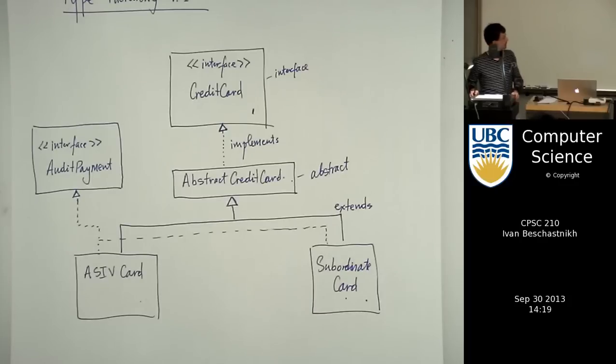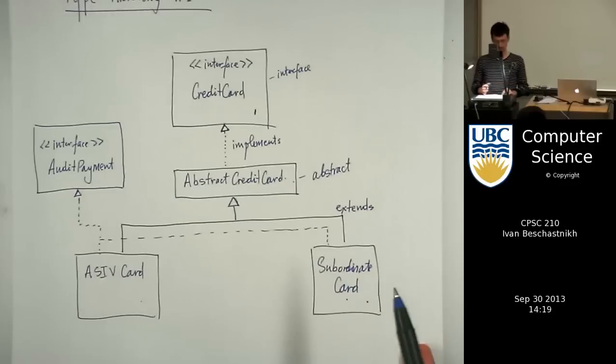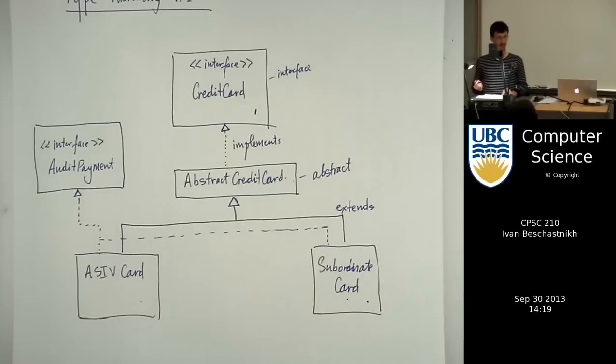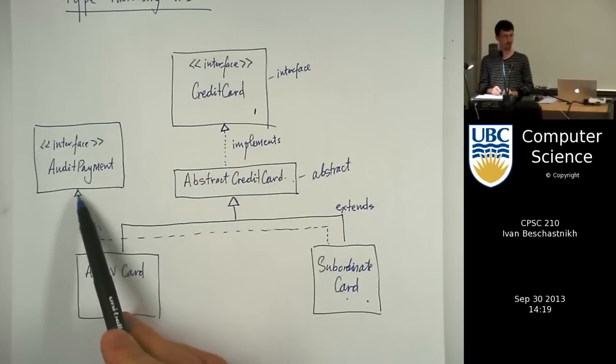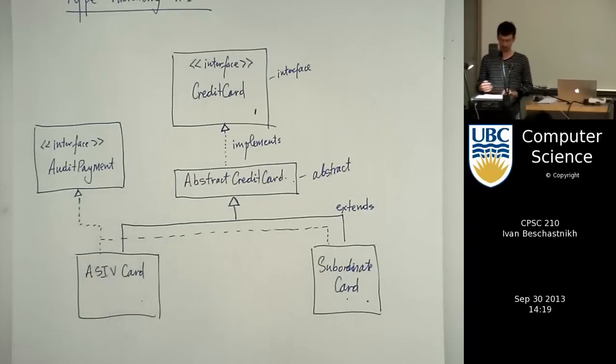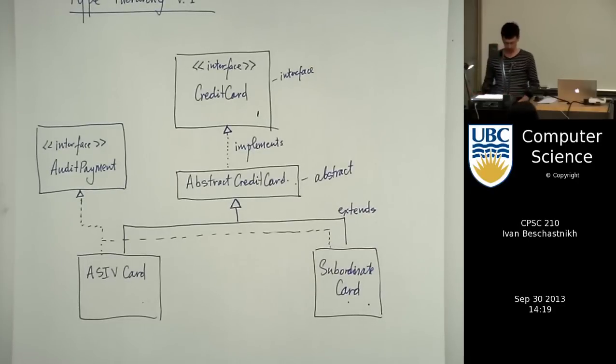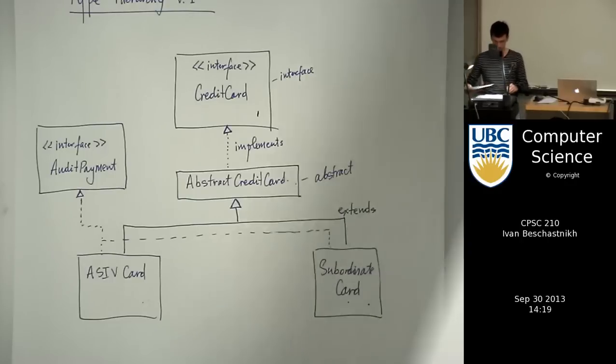And so what you just suggested is actually an improvement on this, right? The issue is that while now both of them implement this interface, it's common functionality to all of the subtypes of my abstract credit card. And when I have that, it means that this thing is really abstract. I can push it up the type hierarchy. So if I were to redraw this, it'll look really similar.